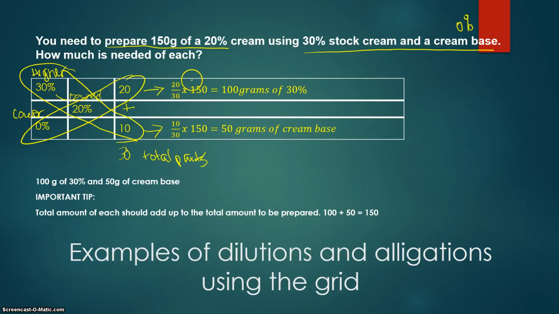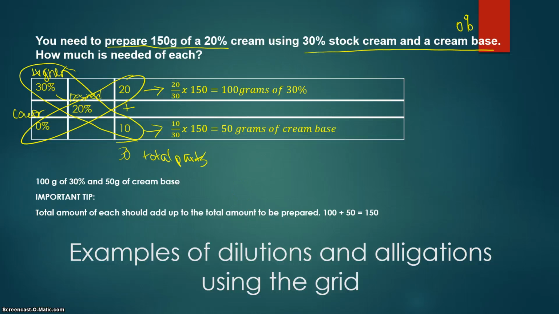So we take the 20 and we divide it by the 30, the total parts, and you multiply it by the amount you want to prepare, which is 150, and you get 100 grams of the 30%. And then at the bottom, we do 10 divided by 30 times 150, and you get 50 grams of the cream base.